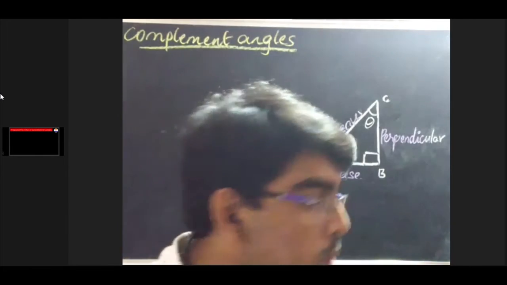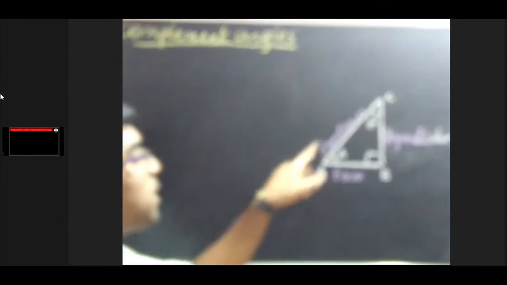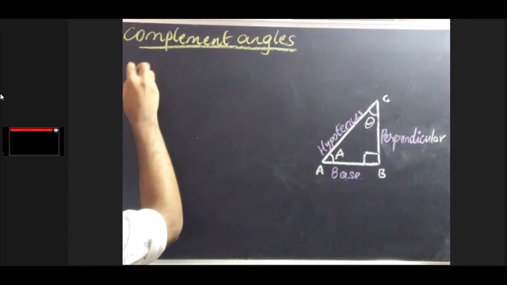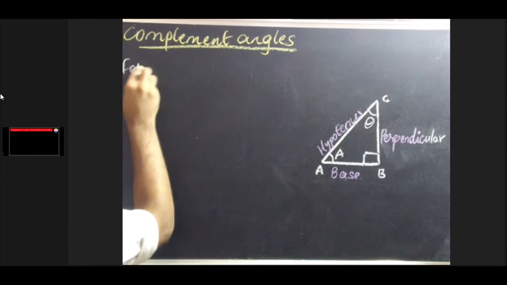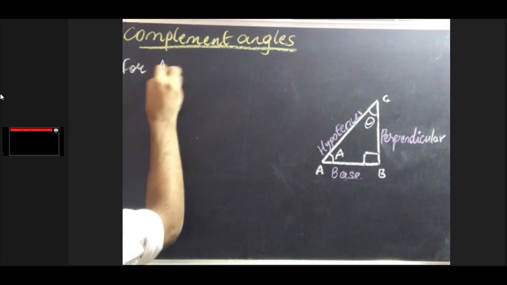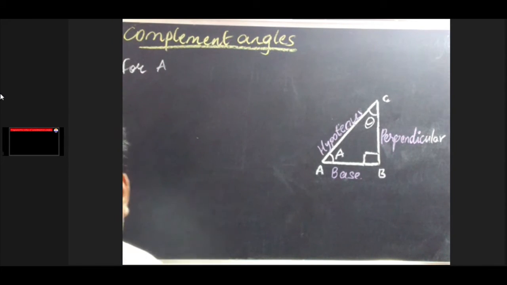So for angle A, let's find all the trigonometric ratios of the complementary angle. Angle A is over here an acute angle.